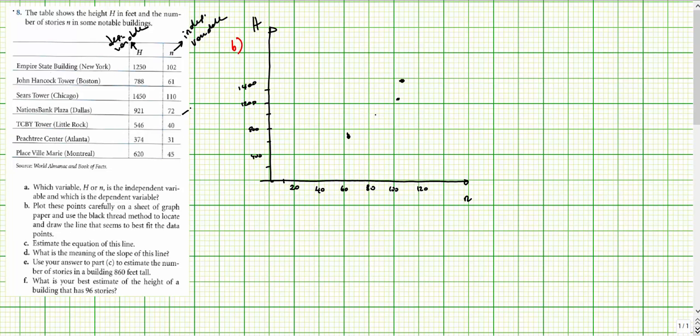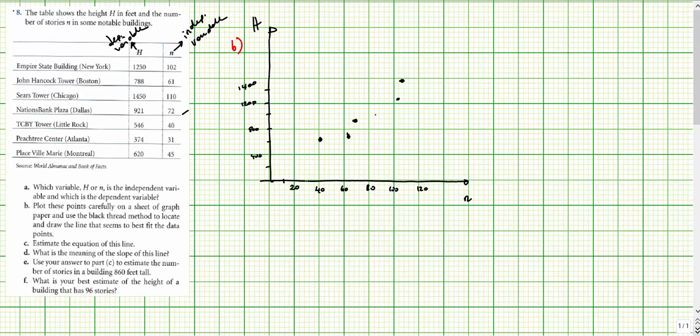And then when n is 72, 921, maybe somewhere here. And when it's 40, 546, somewhere here.